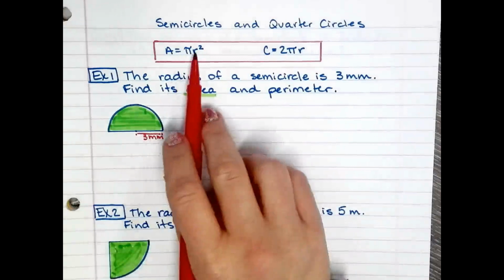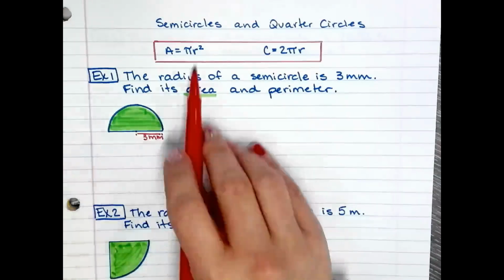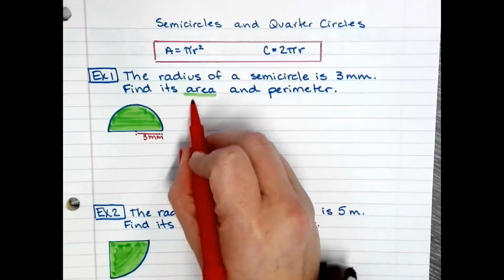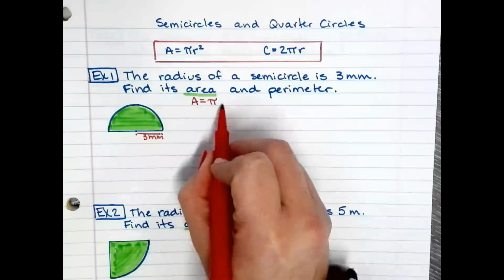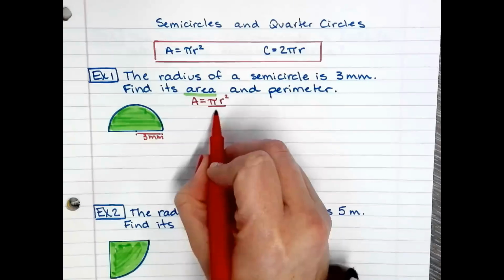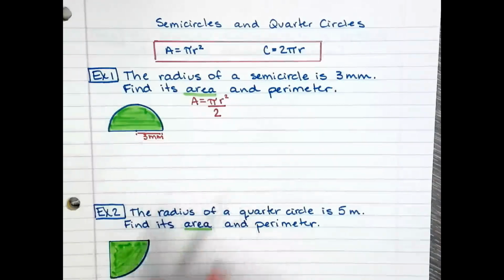So if I know the area of a full circle is that, a semicircle is half of that circle. So we will use the area of the full circle, but half. We're going to divide that by 2 because here I have only half of a circle.